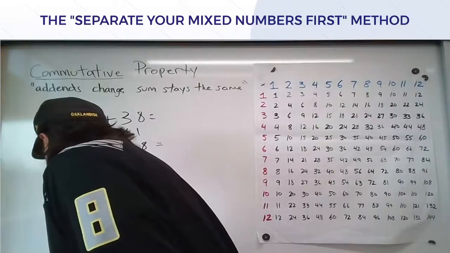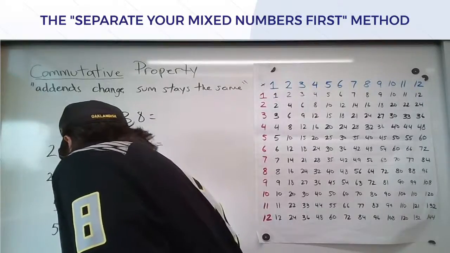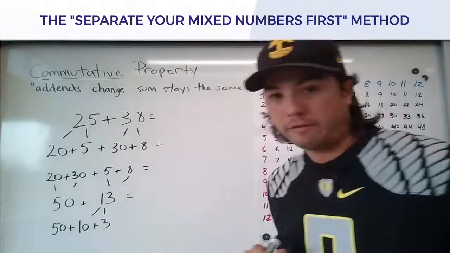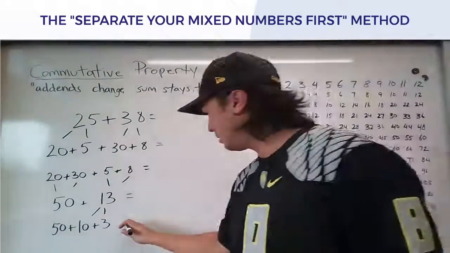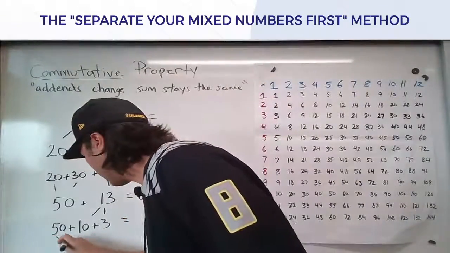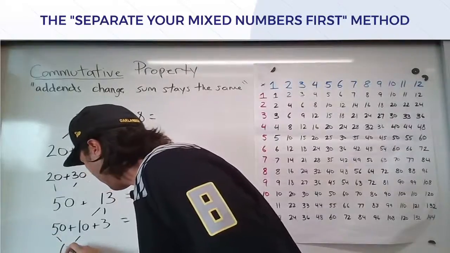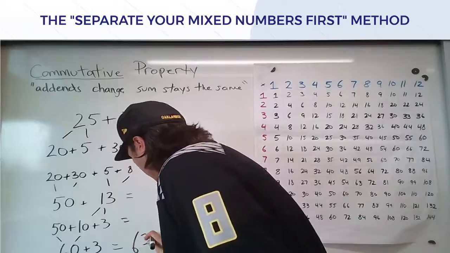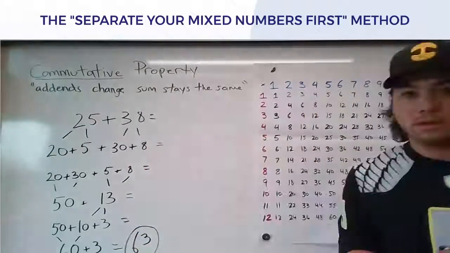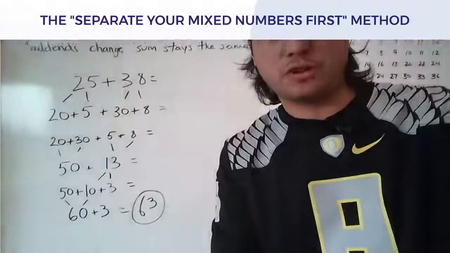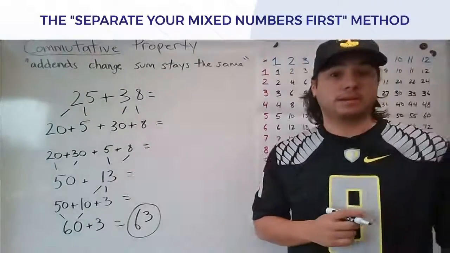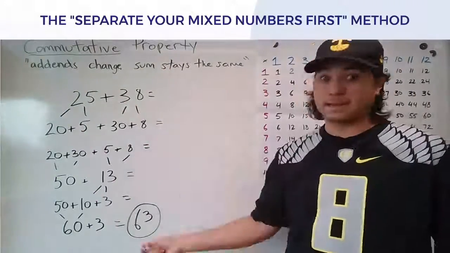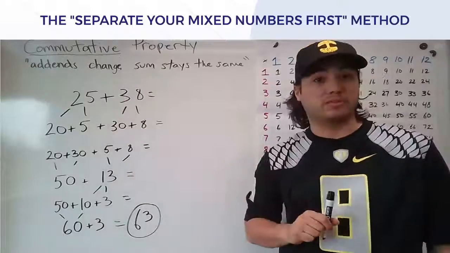I'm writing this out in a very, very long and drawn out way because I want you to see it. 50 plus 10 plus 3, or 60 plus 3, which equals 63. Okay, is this the most efficient way to do this problem? Heck no, techno. There's a lot of steps just to do 25 plus 38.